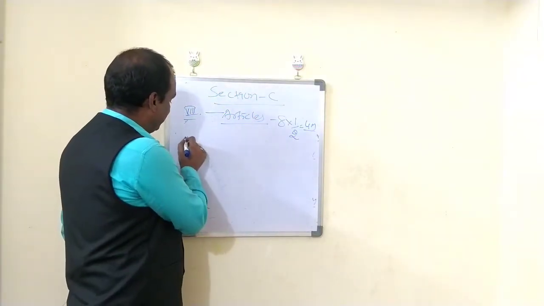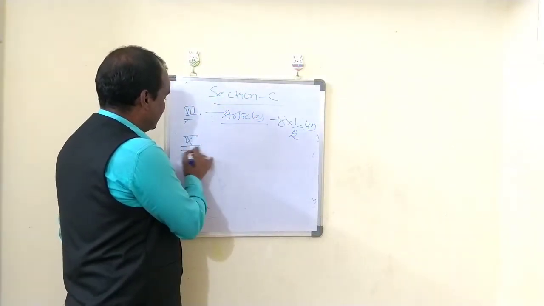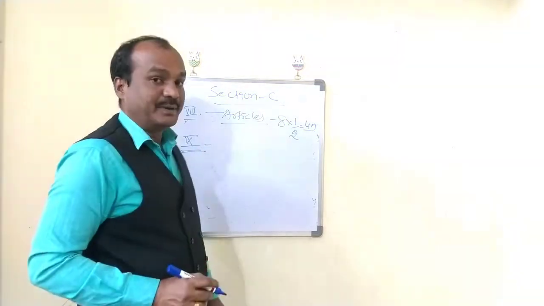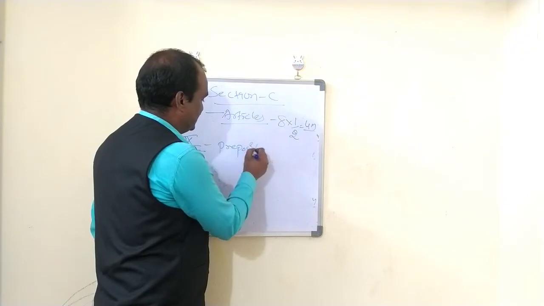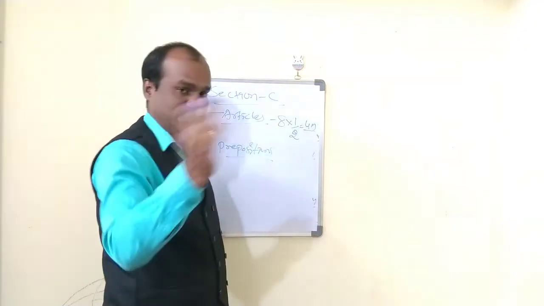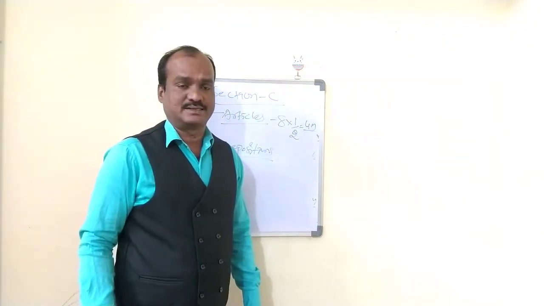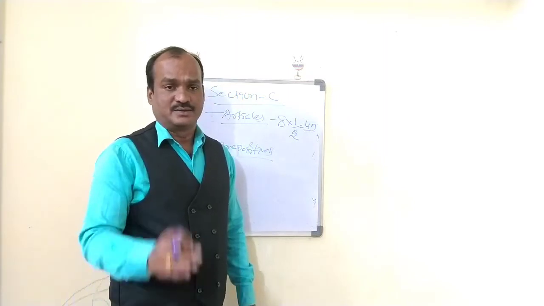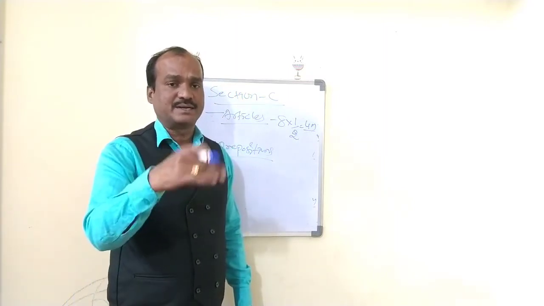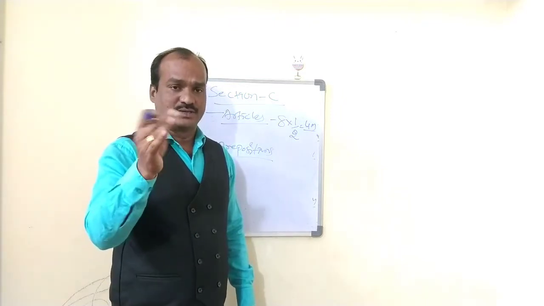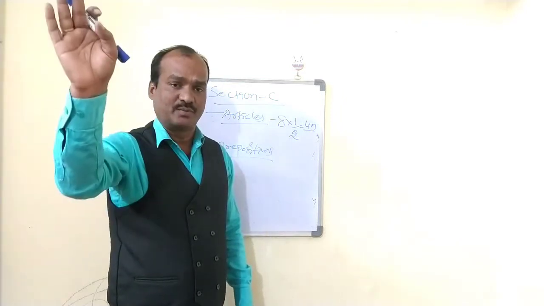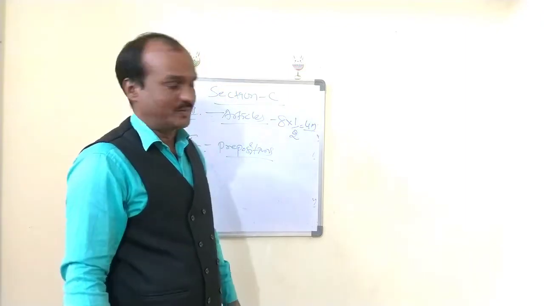Next, question number 9. Again, prepositions. Question number 9 is prepositions. We discussed in the previous classes what prepositions are, right? Prepositions is a grammatical category under parts of speech, right? Inclusively, parts of speech carries 4 marks and prepositions carries 4 marks, right?